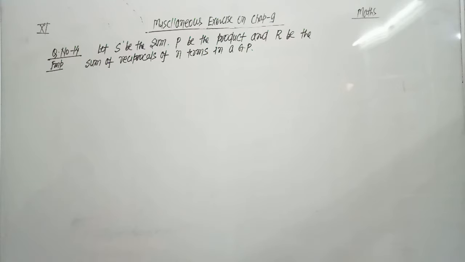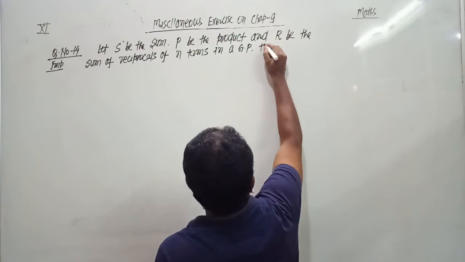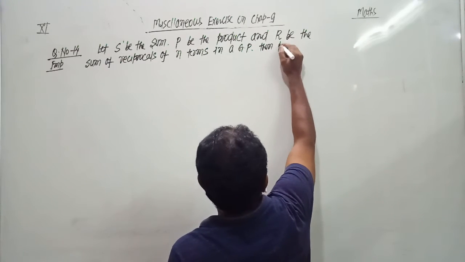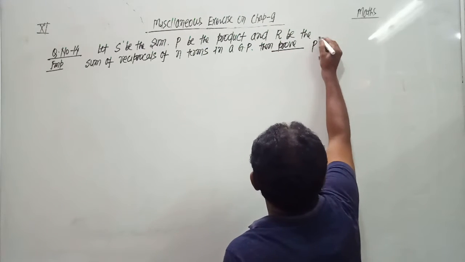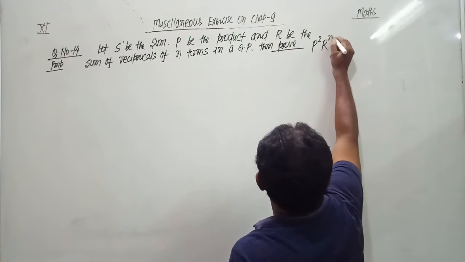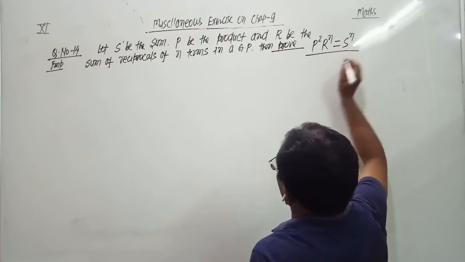Then prove that P squared R to the power n is equal to S to the power n.